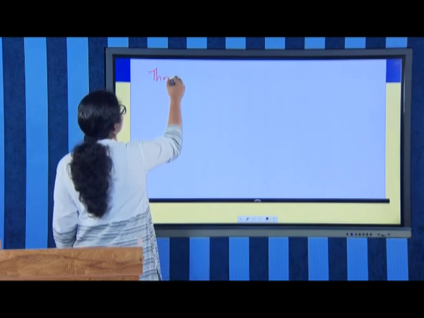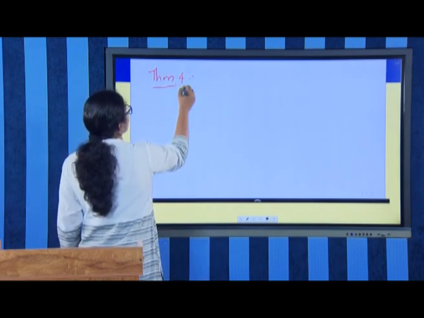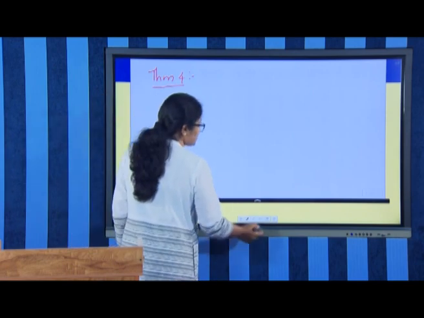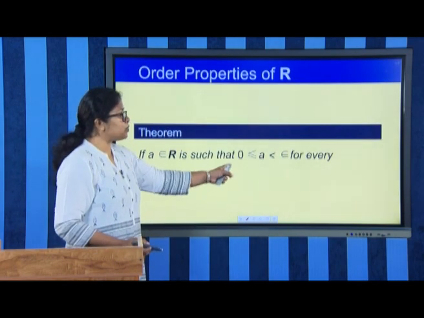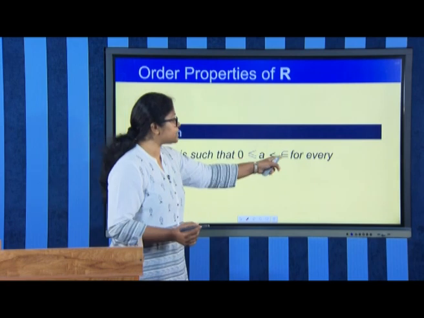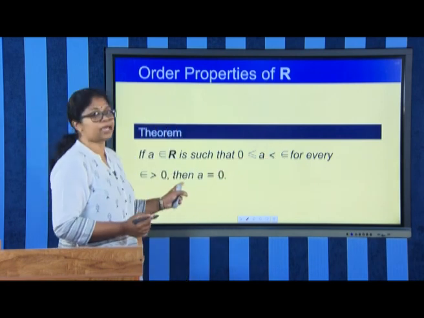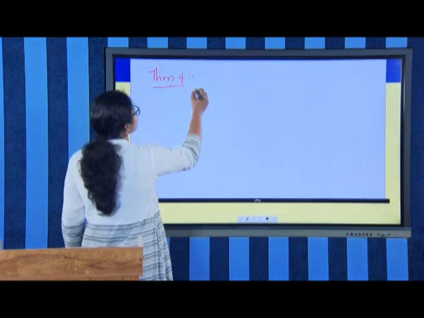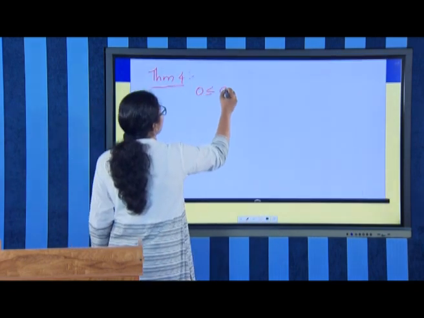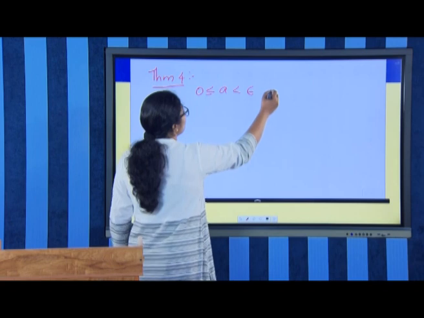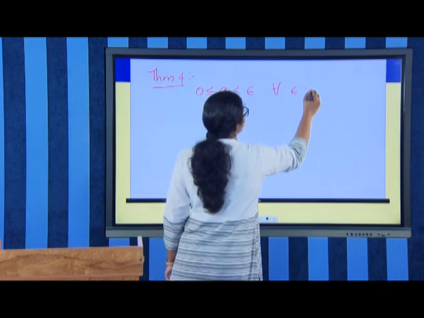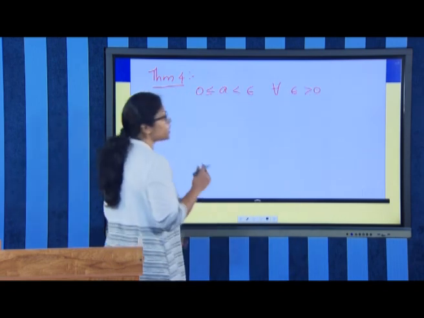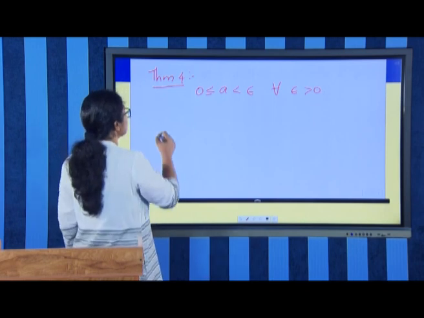Theorem number 4. Given, what is the given condition? 0 is less than or equal to A less than epsilon for every epsilon greater than 0. This is a condition which is given.